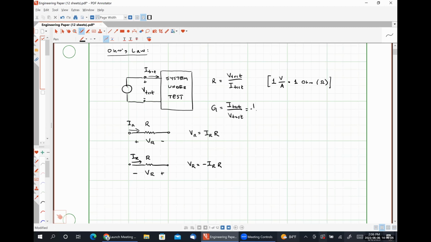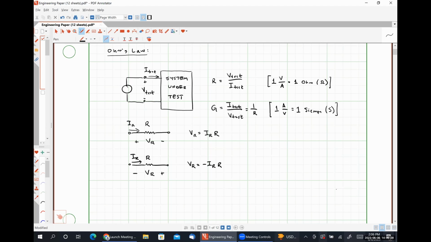So it's nothing more than 1 over R. The units of conductance are amps per volt, which we call the Siemens, named after a different German engineer. This is the same Siemens that started the Siemens Electronics Company, and this has a symbol of S.